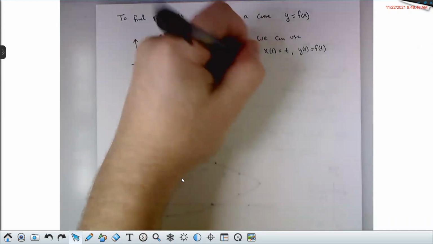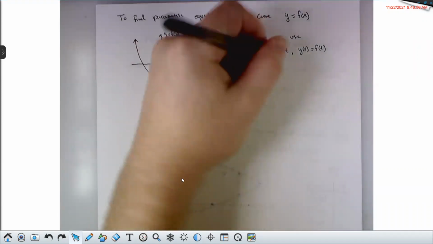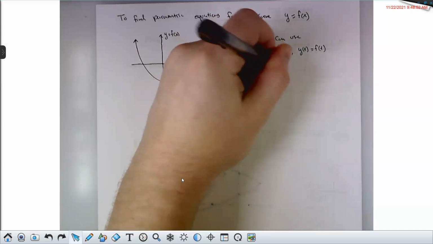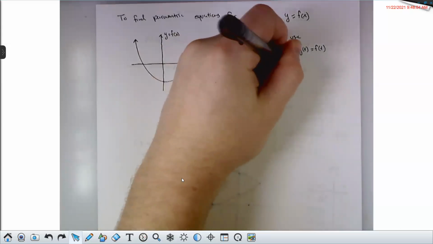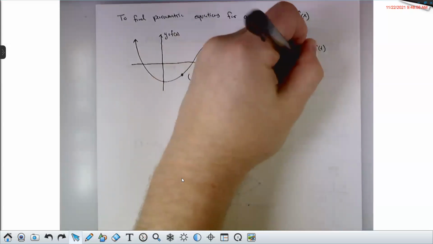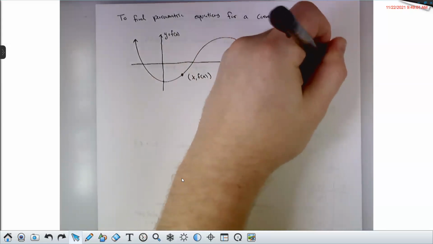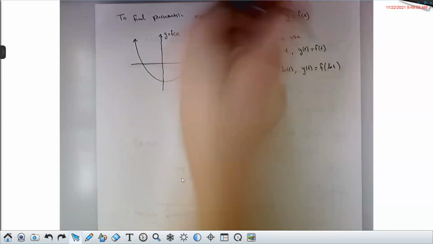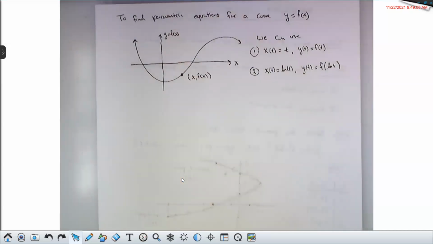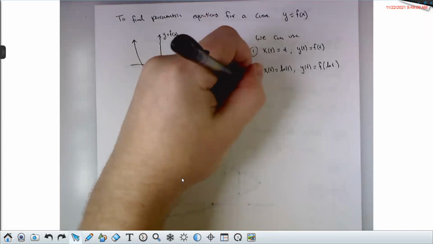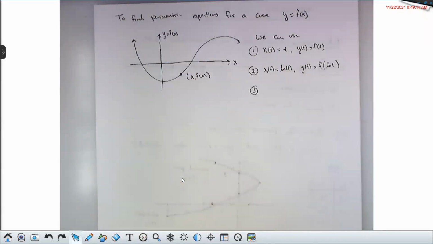You could also use a bunch of other things like x of t equals the natural log of t, and y of t would then be f of that. The truth is, you could use any surjective monotone function for x.